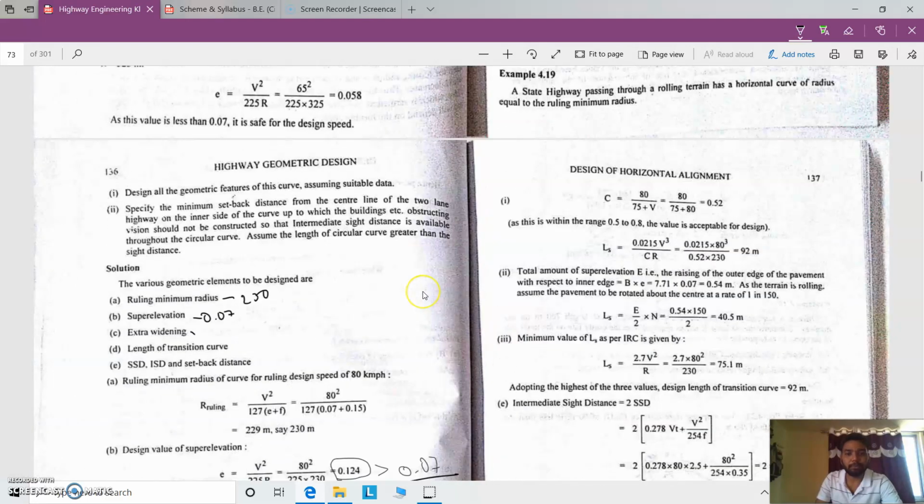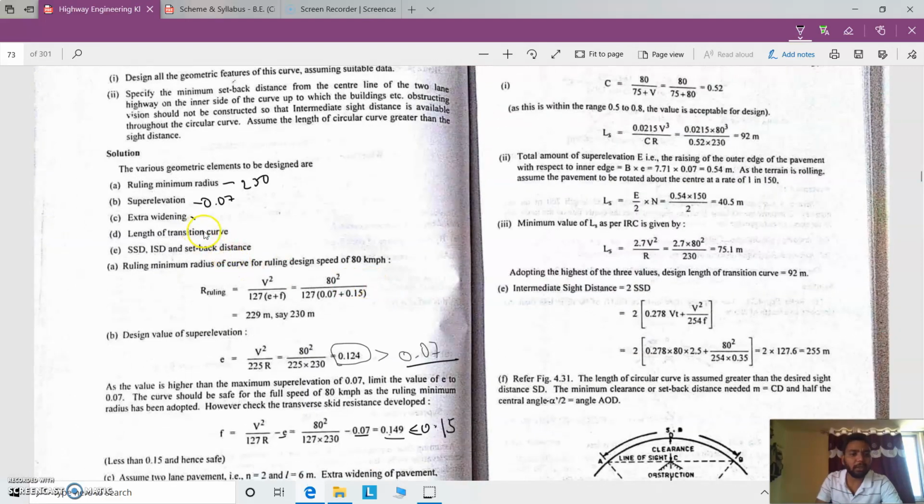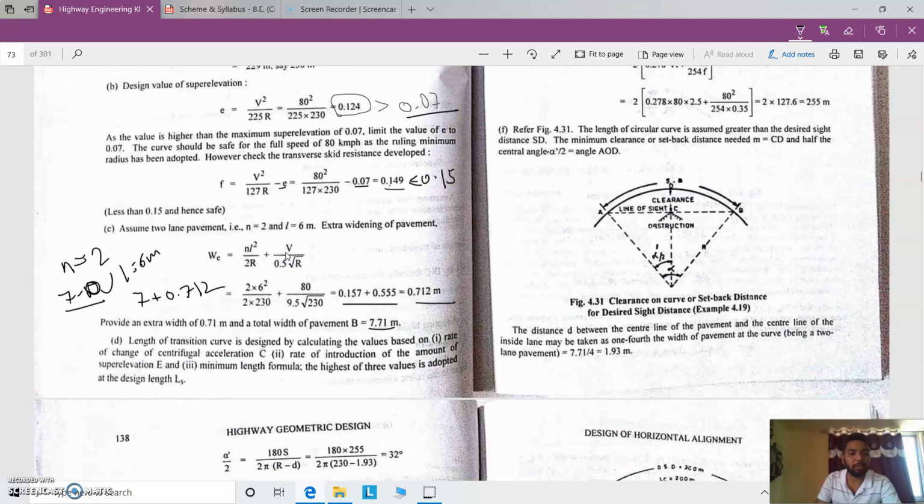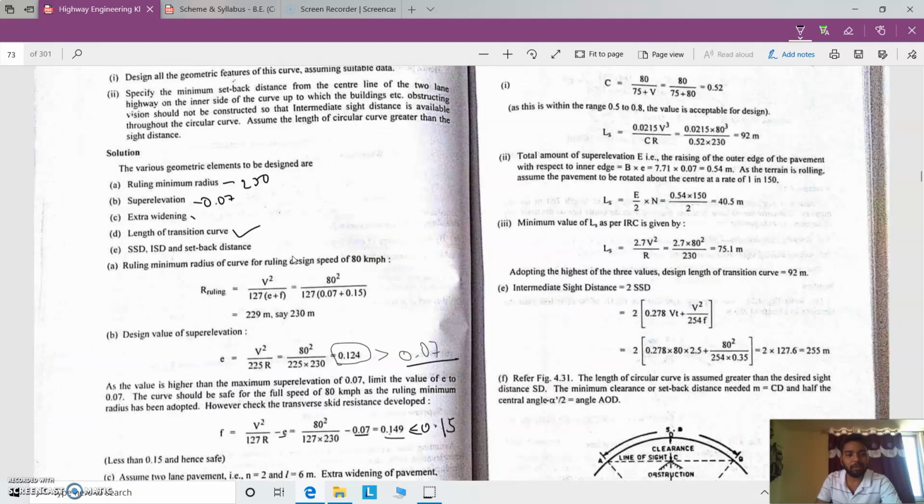And then they have asked to calculate the length of transition curve. We know that the length of transition curve is considered based on three conditions: based on the rate of centrifugal acceleration, the rate of introduction of super elevation, and the minimum length given by the Indian Roads Congress, that is empirical formulas for plain and mountain terrains.